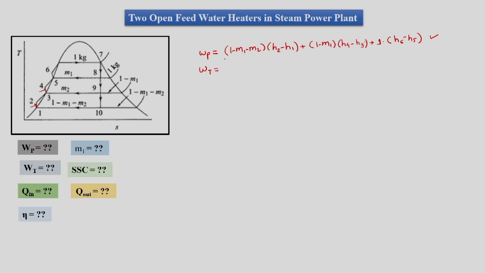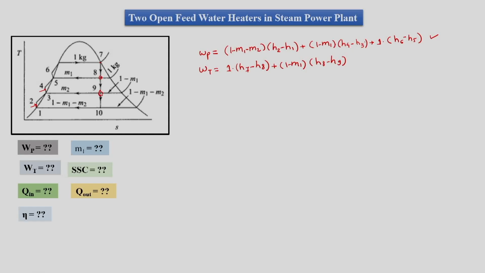Then we have turbine work. In case of turbine work, it is exactly reverse. The first part of the turbine handles mass 1 unit or 1 kg, and it reduces enthalpy from h7 to h8. Then the second part of the turbine deals with mass 1 minus m1 and it expands from h8 to h9.